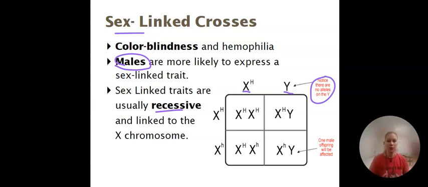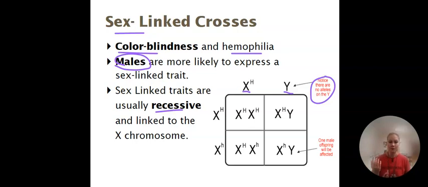So males are much more likely to express a sex-linked trait because they only have to have one copy versus females, who would still need 2 copies to be affected. Color blindness and hemophilia are 2 of the main sex-linked disorders that you might be asked about, right? What's the likelihood of a child being colorblind if the parents are blah, blah, blah.